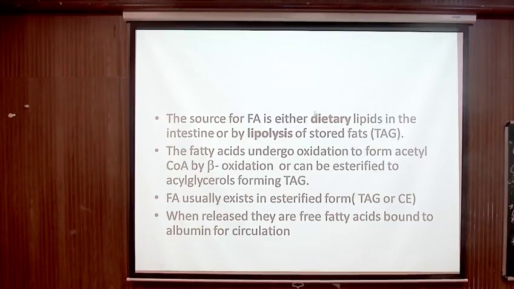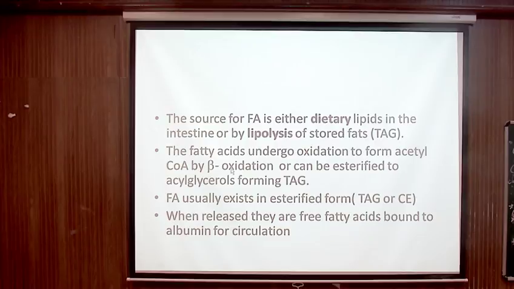So we get fatty acids either from the diet or from the adipose tissue where it is stored as triacylglycerol. These fatty acids undergo oxidation to form acetyl coenzyme A by a process called beta oxidation.